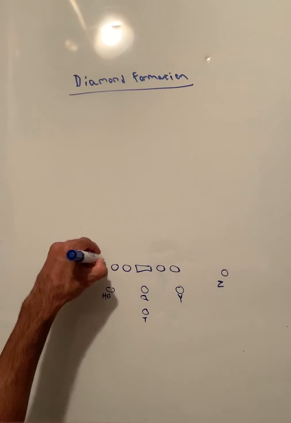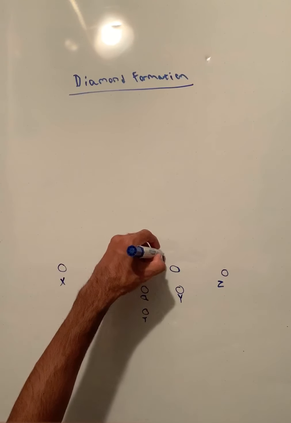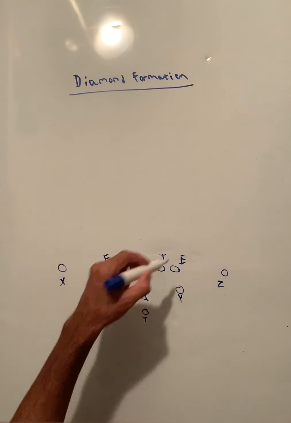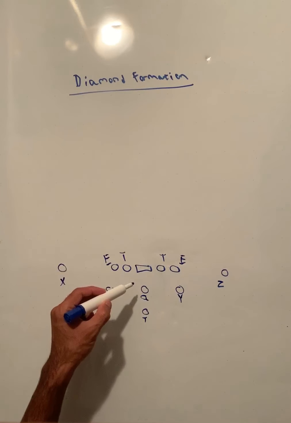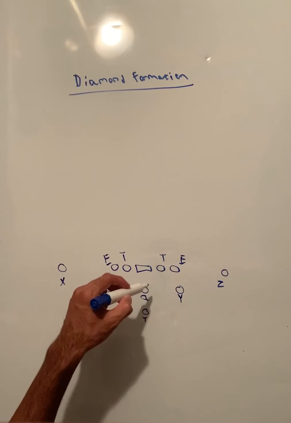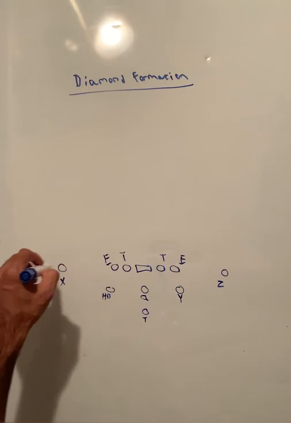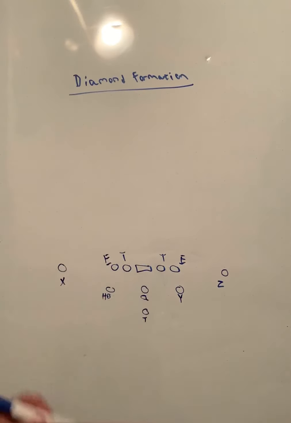So we're going to set our ends up here, tackle and our end, right? And he's going to read one of these ends depending on which way he wants to go. If the end goes inside, then he's going to fake the handoff to his tailback coming from behind him, and he's going to pull wide. Or if the end stays out wide, then as the tailback's coming up, he's going to let him have it, and it's just going to be a normal run play. So that's what the traditional Veer play is.